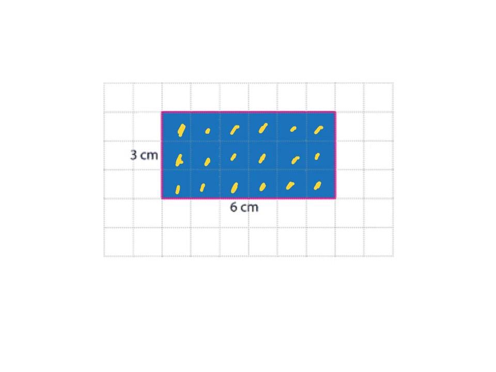Or we could just do area is equal to length times width and plug it in. So A, the length is 6 centimeters times the width, which is 3 centimeters. So we do A is equal to 18 centimeters squared.